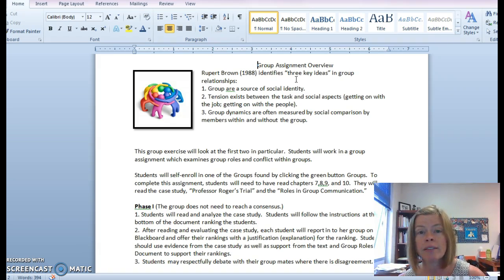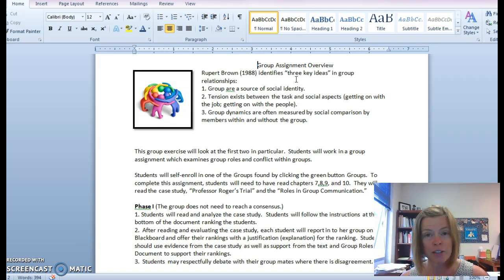Also, we know that when you look at the top 10 skills that employers seek, one of them is being able to work in teams, right? But here's the thing, we're never actually taught about what makes an effective group. What kind of dynamic, what kind of communication interaction is important. So that's what we're looking at in chapters 9 and 10.